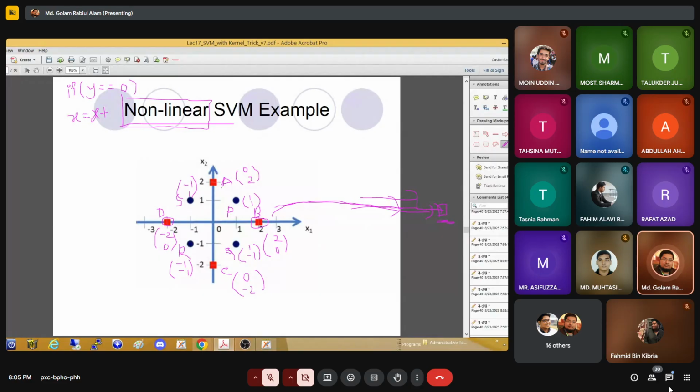Consider 6, because the distance between these two points is actually 4: 1, 2, 3, 4. If we shift D by 4, then D will be at B's location. I want to do a little bit more shifting, so x equals x plus 6.